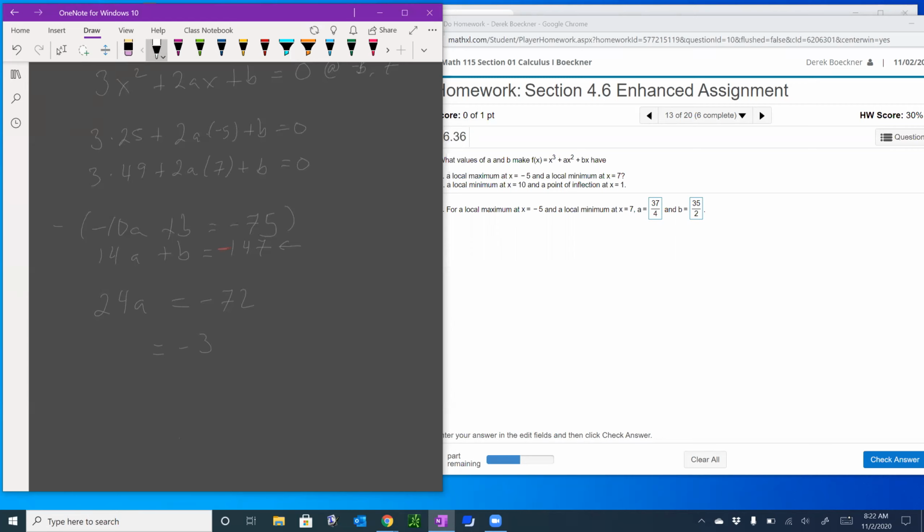Okay. And then minus 10 times minus 3 plus B equals minus 75. So that's 30 plus B equals minus 75. B equals minus 105.